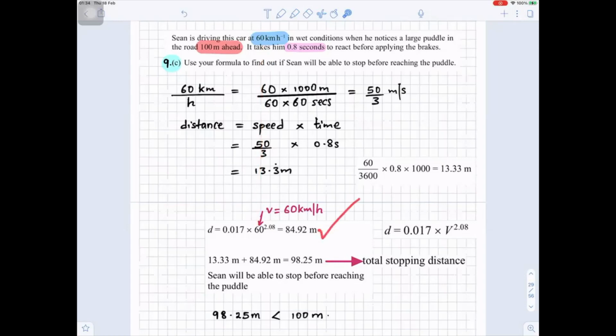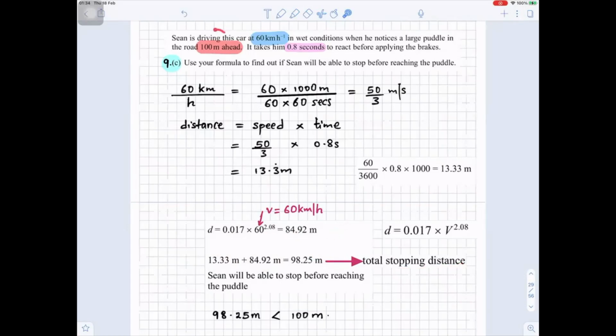That gives you 84.92 meters. So we want to find the total stopping distance. So it's that 13.33 meters plus the 84.92 meters. That gives you 98.25 meters as a total stopping distance.